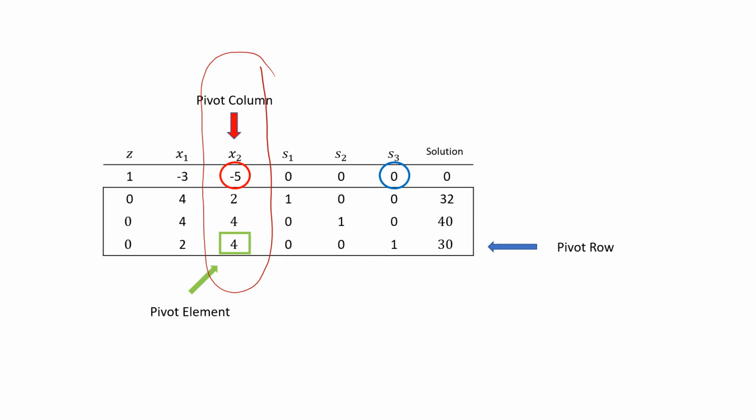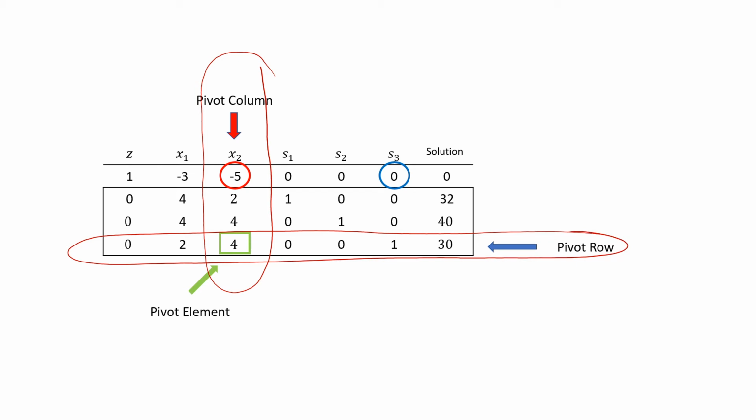So we find the row that represents S3, and that is our pivot row. The intersection of those, we call our pivot element. Okay? And that pivot element is going to be important in the rules that we're going to see in just a minute.